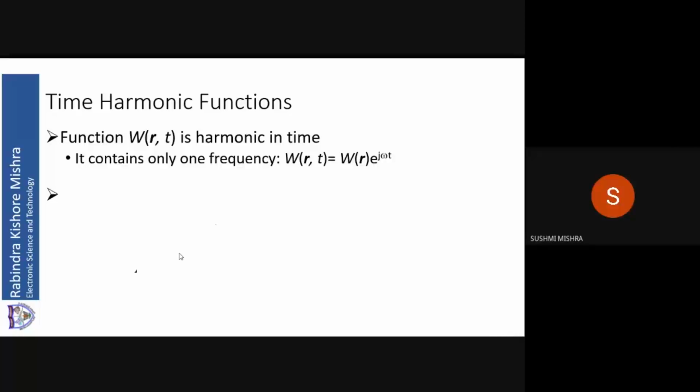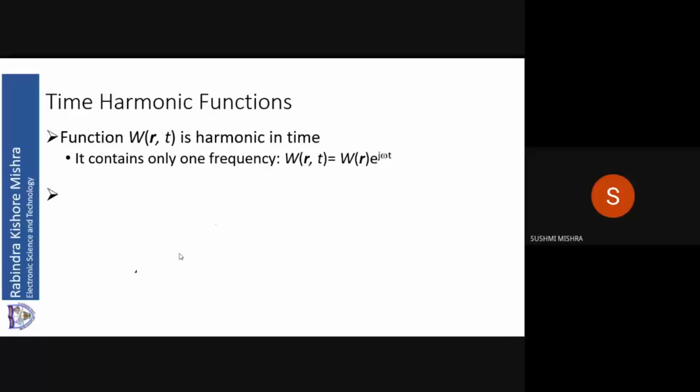Now, if it contains only one frequency, then we can separate it into two components, the spatial component and the time component. Let us take the spatial component to be W(r), which contains only the information about the space, and the temporal component to be e to the power minus j omega t.